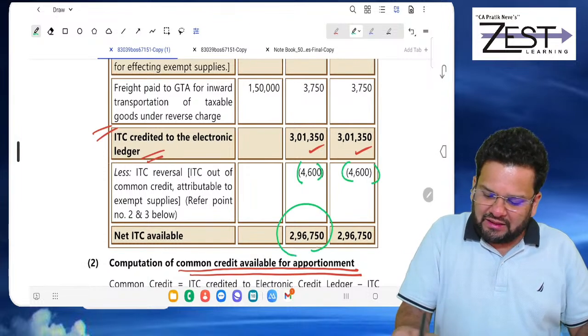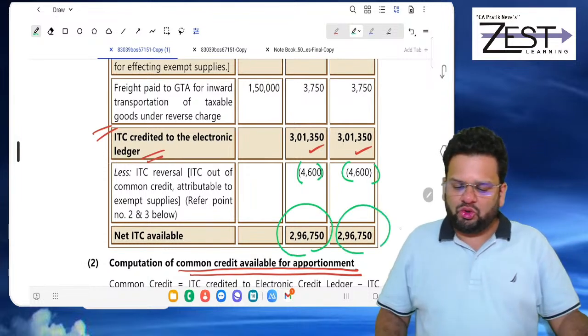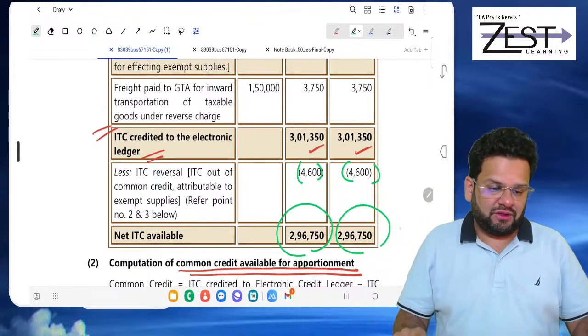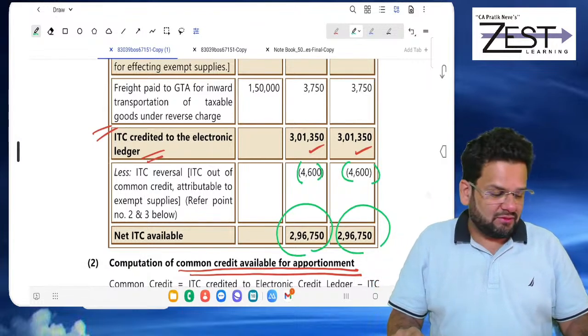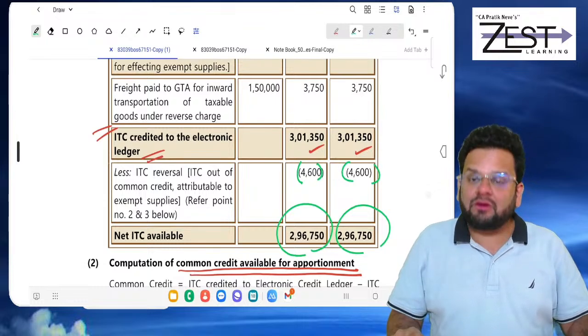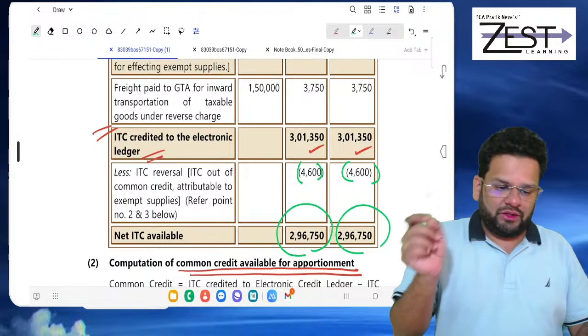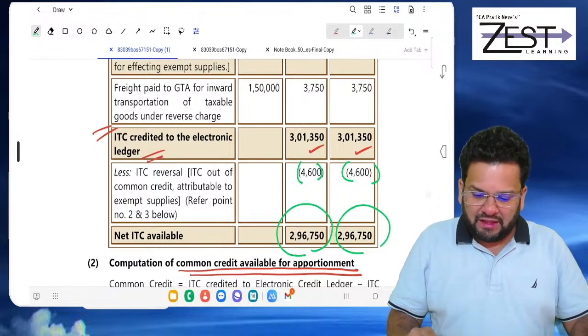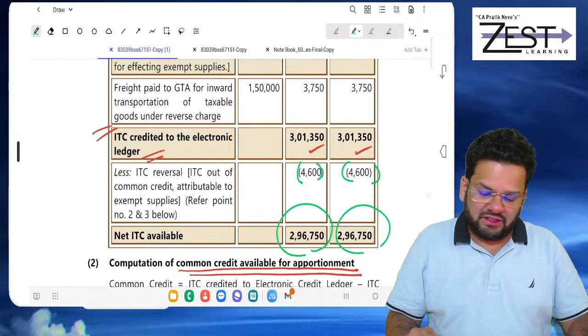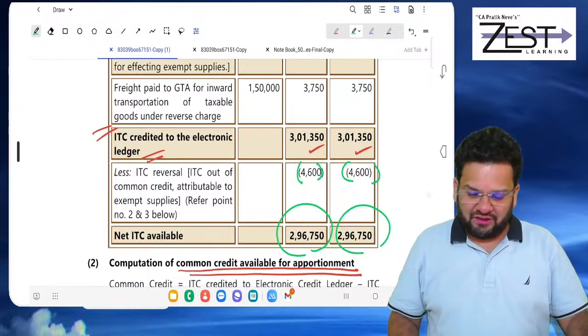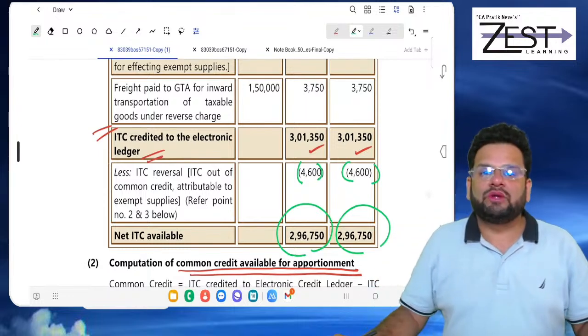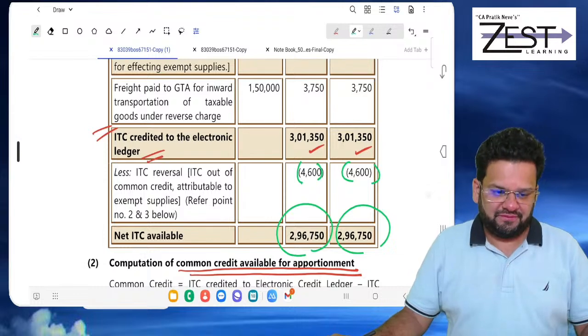So net ITC available will be 296,750. How will you get 296,750? 3,01,350 which you had credited to e-credit ledger minus 4,600. Check whether you are getting 296,750 each.